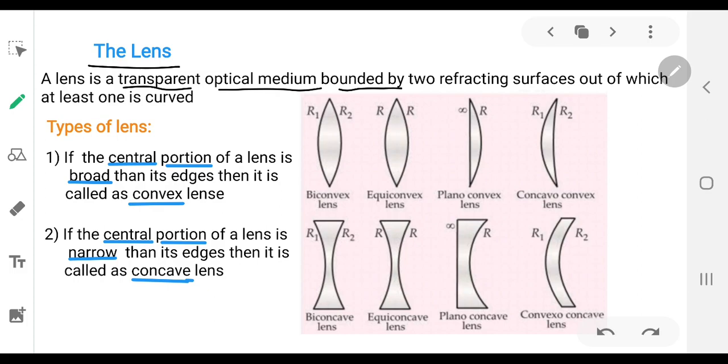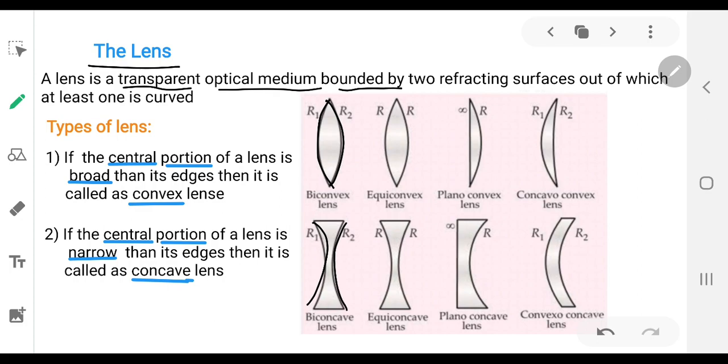Now, depending upon the shape of the lens, it is mainly classified into two categories. A lens is an optical medium bounded by two refracting surfaces, two curved refracting surfaces.